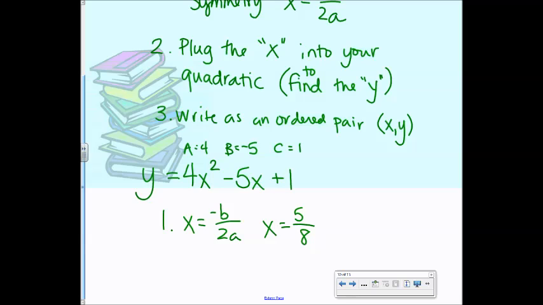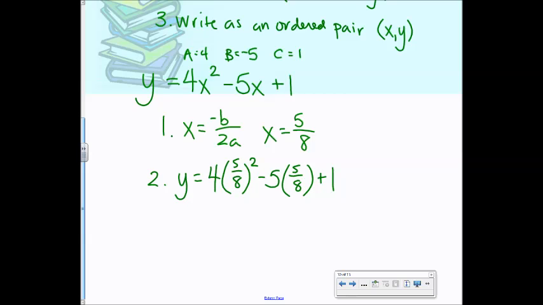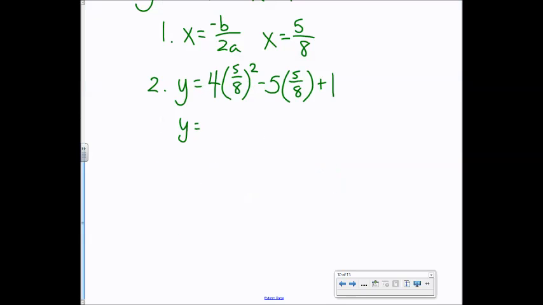So y equals 4 times 5 over 8 squared minus 5 times 5 over 8 plus 1. How do I square a fraction? How do I do 5/8 squared? Yeah, you could do that. But what does squaring something mean?